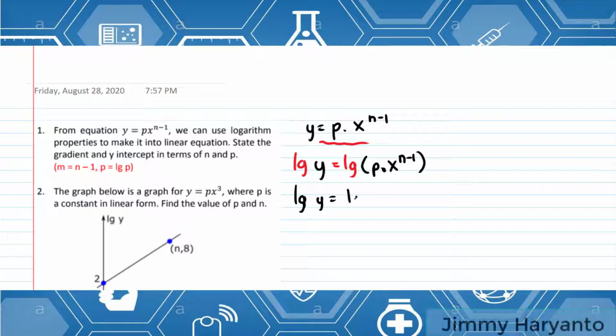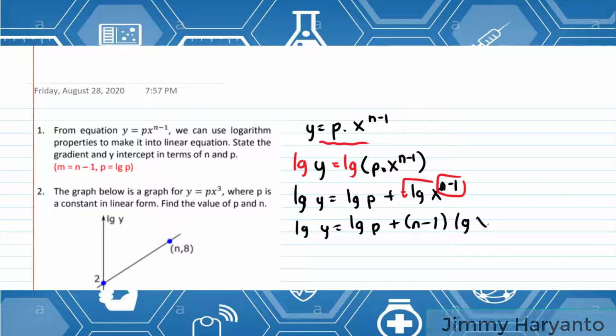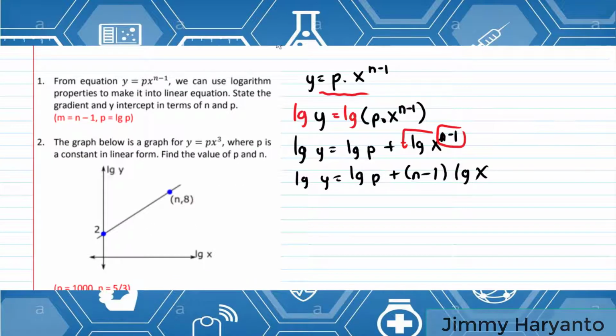It is multiplication, so it will be LGP plus LG x to the power of n minus 1. Yeah, and then we can use the powers properties. It will go in front of the LG, LGP plus in the bracket n minus 1 times LGX. There you go. It is already similar with y equals to mx plus c.